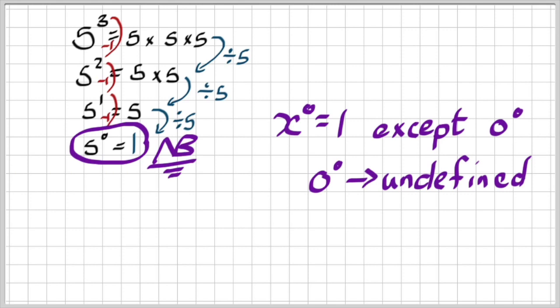Isn't it maybe 1 if I look at this definition? But that wouldn't make sense because 0 to the power of anything is just 0. So to avoid the confusion, we say that 0 to the power of 0 is undefined. And please go and learn this.